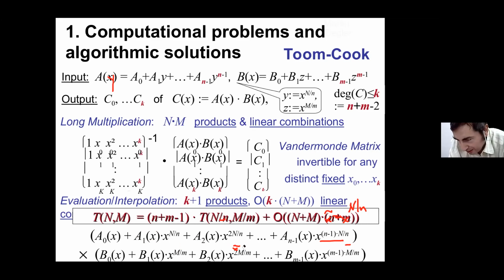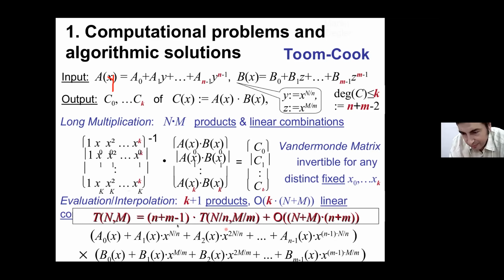Then you can use the master theorem to get the complexity of this algorithm. Important is that you get n plus m minus 1, so k plus 1, products of polynomials whose degrees are capital N over small n and capital M over small m, because these were the degrees of the ai's and bj's. They come into this recursion.